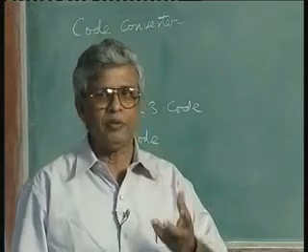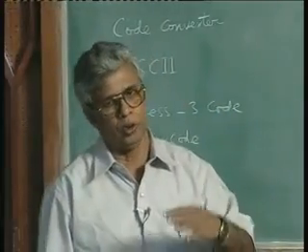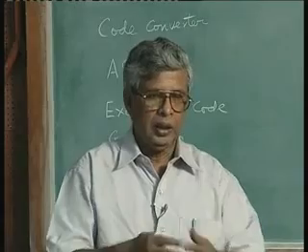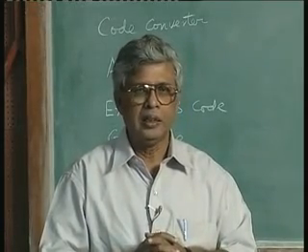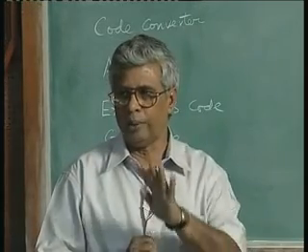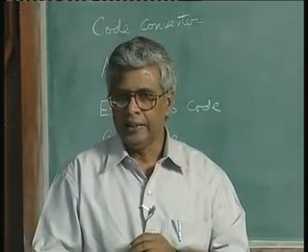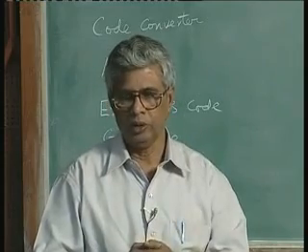Anytime you change a number from one code to another, zeros have to be changed to 1, 1 to become 0. Suppose I have a 4-bit number with 4 binary digits, MSB 0, 1, 1, 1.